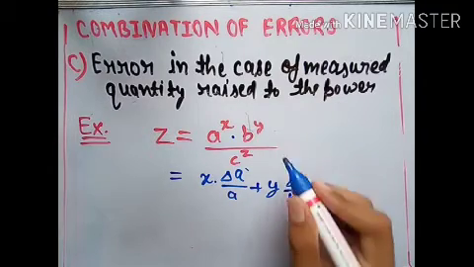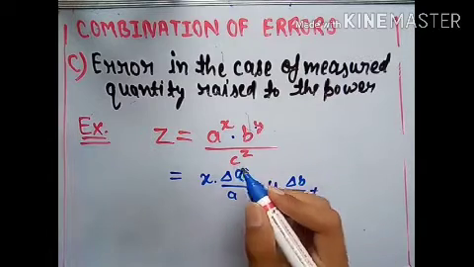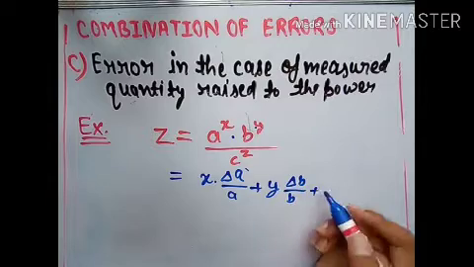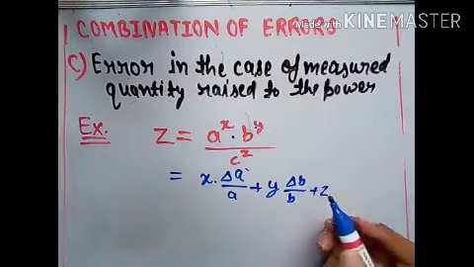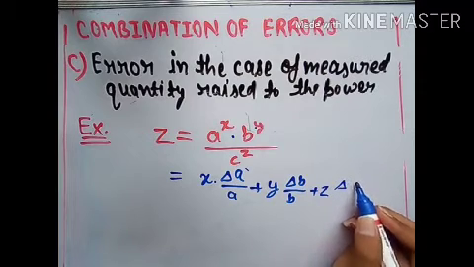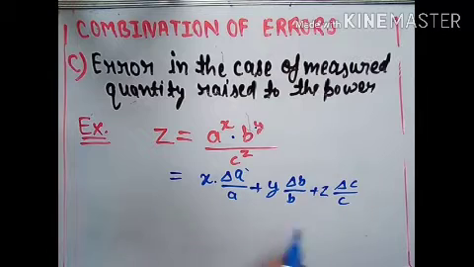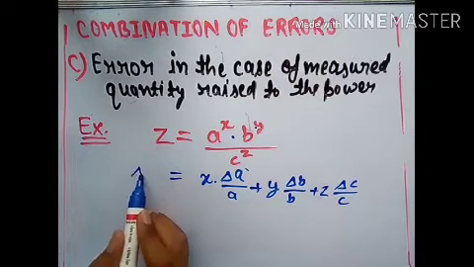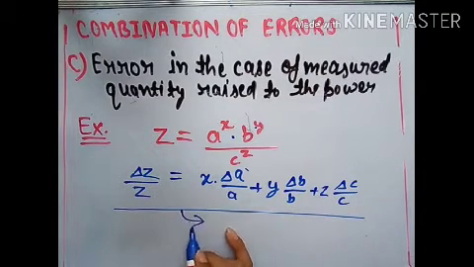What about the power? The power is here, and then you are dividing by c. Again you are dividing, but you will have to add the error. Then put a plus sign, z will be like this, and delta c upon c. So this is how the combination is done, and for this you write delta z upon z. This is the way of writing the error.